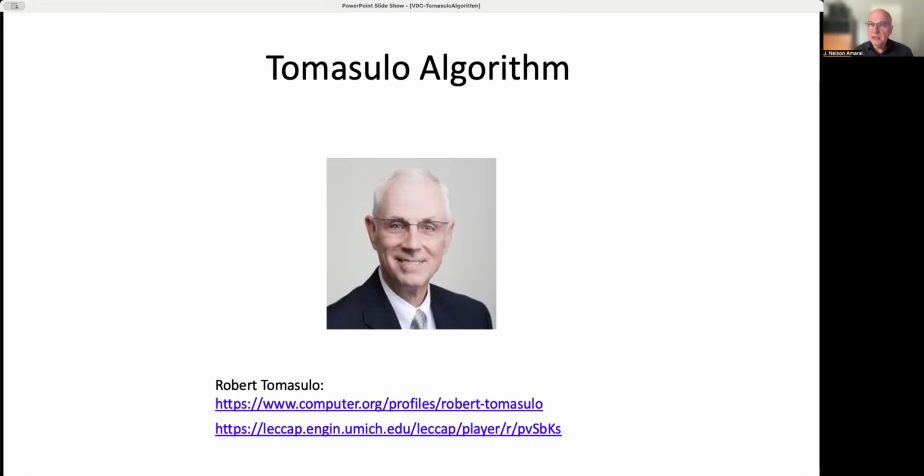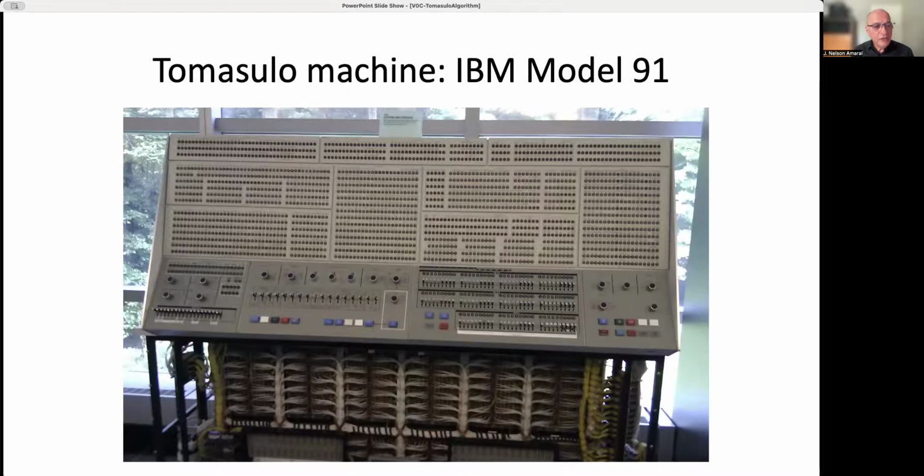I think that it's nice when we have the history of the development of an idea that has been adopted over many decades. So the first implementation of the Tomasulo algorithm was in the IBM Model 91, which became known as the Tomasulo machine. And just to give you a historical perspective, this is the way this computer looked when it was assembled.